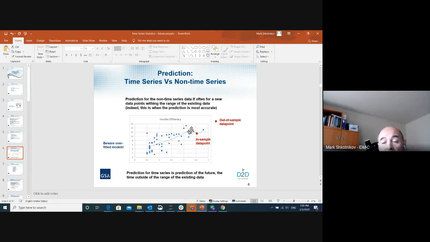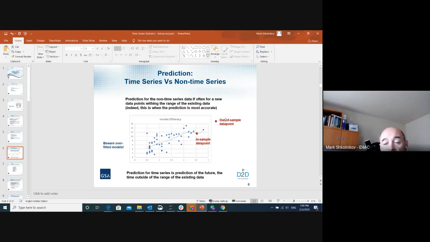But you do not have the specific data for murder rate, right? So you can use your regression model to predict what the murder rate would be for that illiteracy rate on a new data set. That would be in-sample prediction, and in fact, this is where regression models work best.